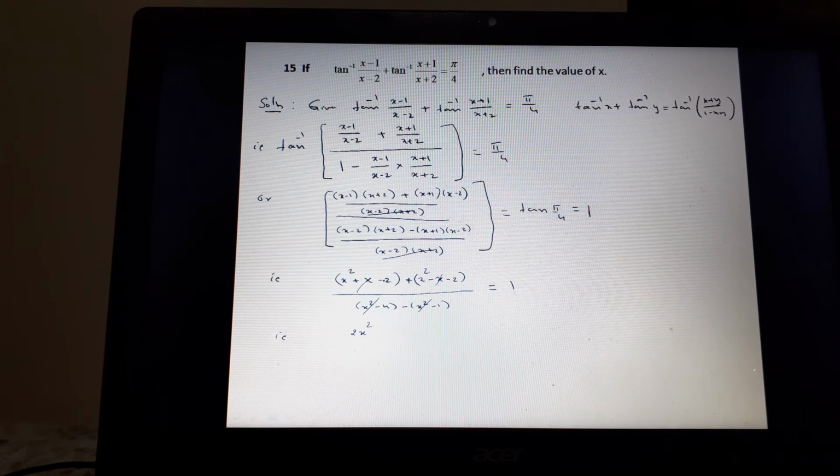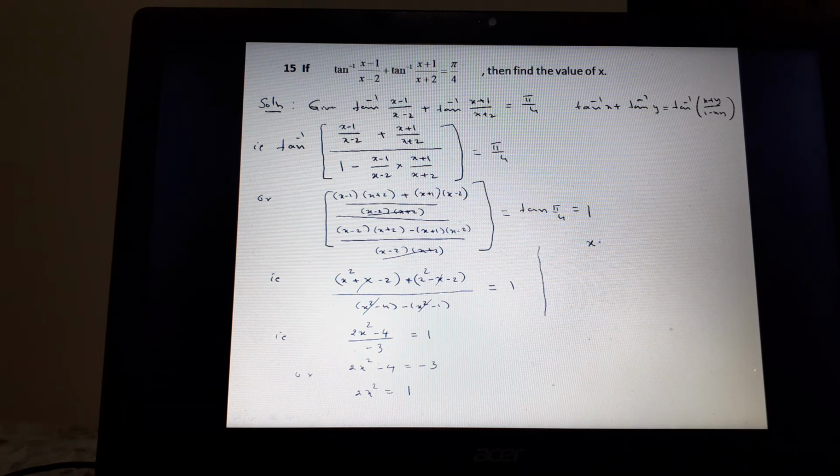So then minus 2 is minus 4 divided by, you see here minus 4 and minus of minus, plus 1. So this becomes minus 3 equal to 1. Or what happens is 2x square minus 4 will be equal to minus 3, or 2x square will be equal to 1.